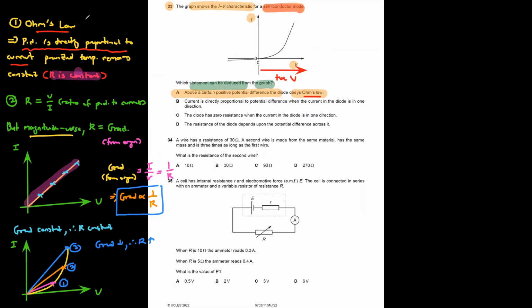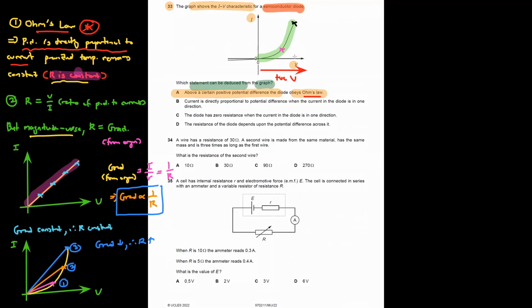Remember just now I told you Ohm's law implies that your resistance is going to be constant. So if you look at the graph for positive potential difference being this part alone, can I say that the resistance is actually constant? Now let's consider what we just did before. If I consider just two points here, one point here and another point right over here, do I see that the gradient from origin is constant here? You don't, right?